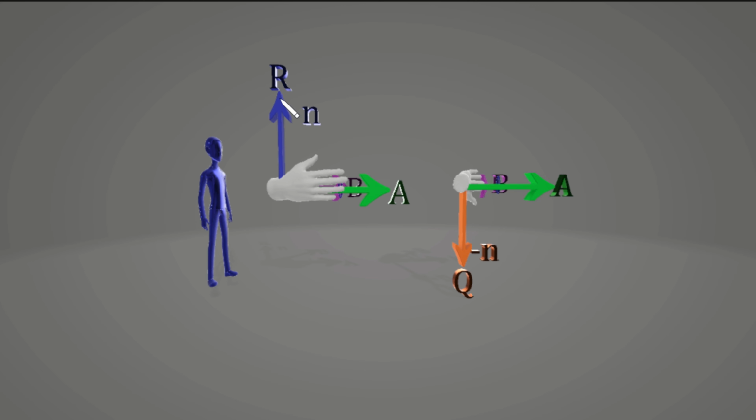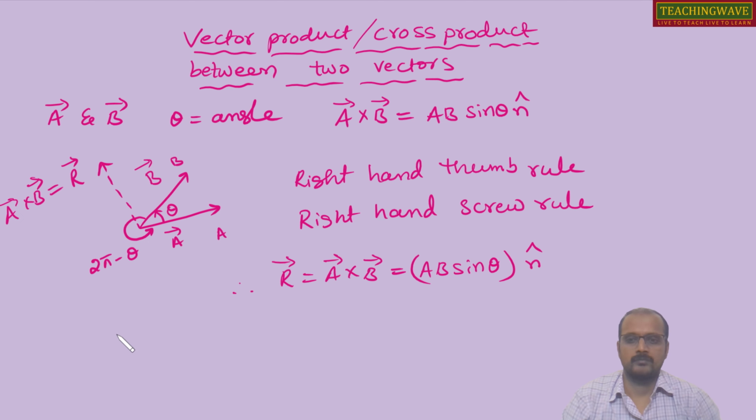That means A bar cross B bar is R bar, and B bar cross A bar gives Q bar. This R bar and Q bar are equal in magnitude but opposite in direction, so these two are anti-parallel vectors, and we clearly say that the vector cross product doesn't follow the commutative property. That means we cannot write A bar cross B bar equivalent to B bar cross A bar. Therefore, the vector product or cross product doesn't follow the commutative property.